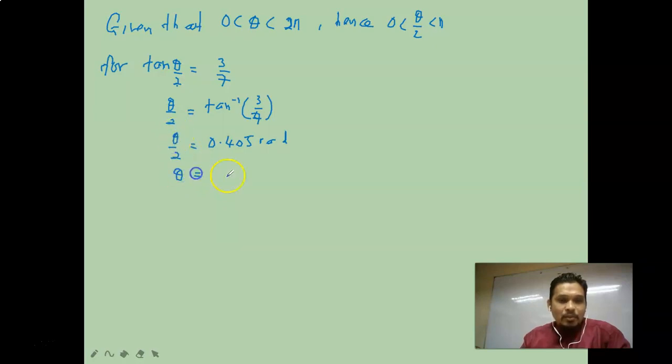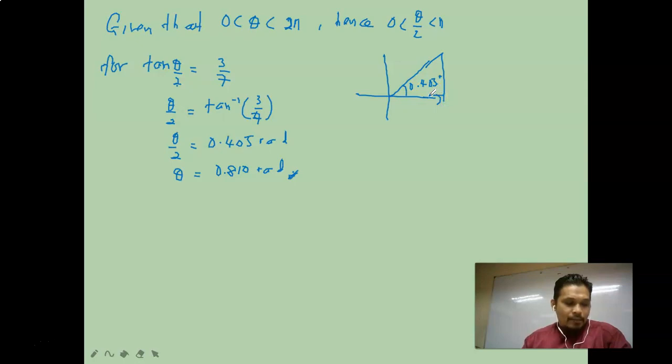So then theta equals 0.405 times 2 equals 0.810 radian. Okay, and then let's take a look at this one here. It lies in the first quadrant, which is 0.405 radian here. Okay, first and the second quadrant.